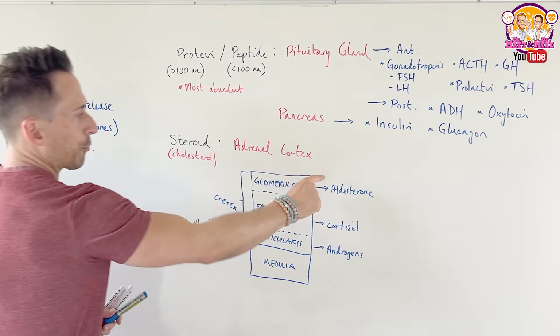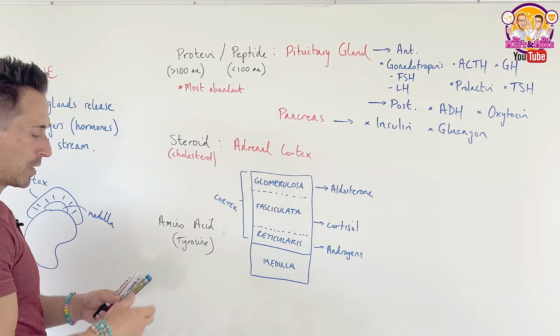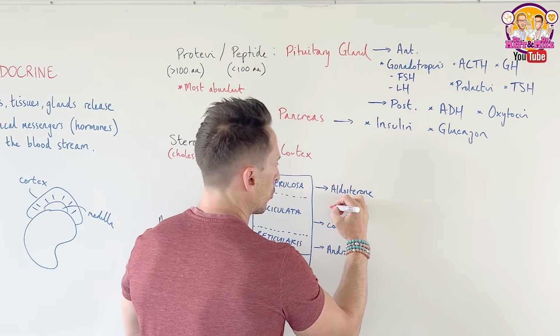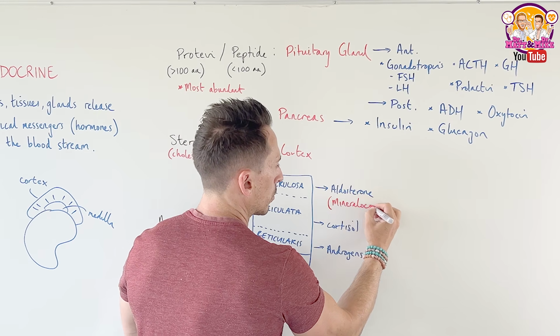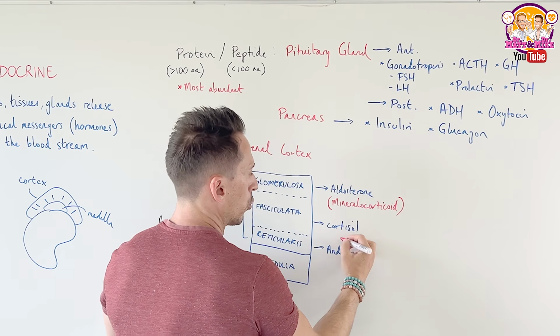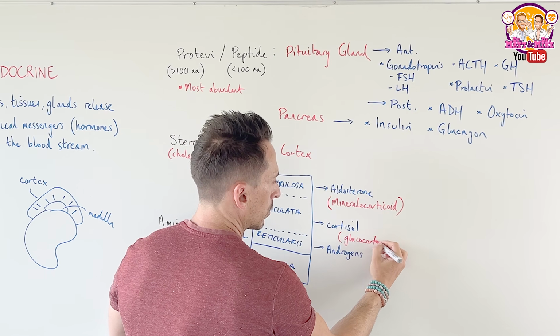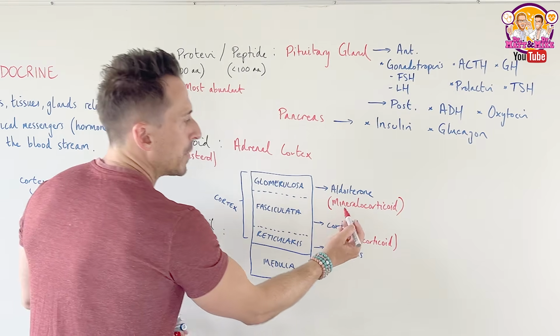Now, all three of these, because they're in the cortex, are steroid hormones. Now, importantly, aldosterone is also known as a mineralocorticoid. So this is just for completion's sake. Mineralocorticoid. Cortisol is known as a glucocorticoid. What's the difference?